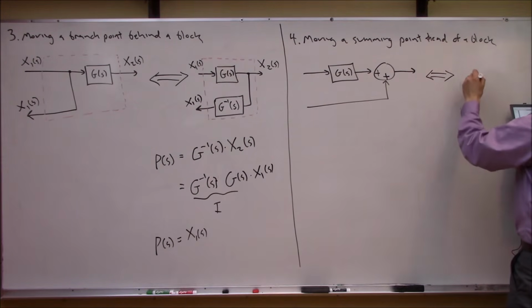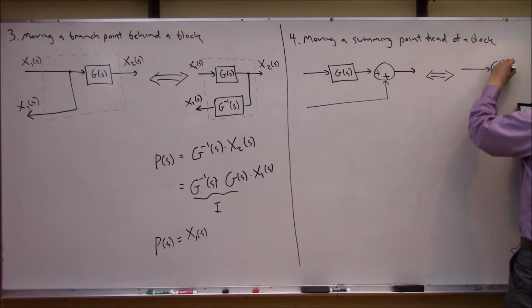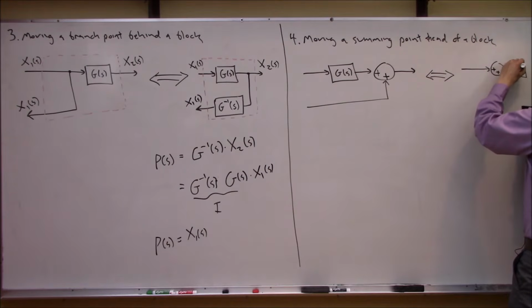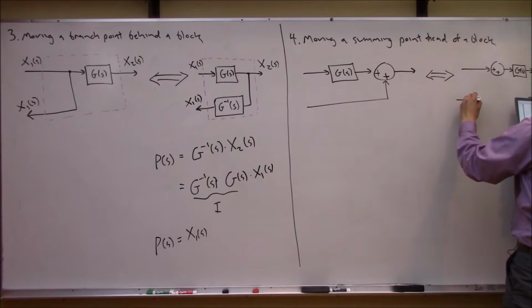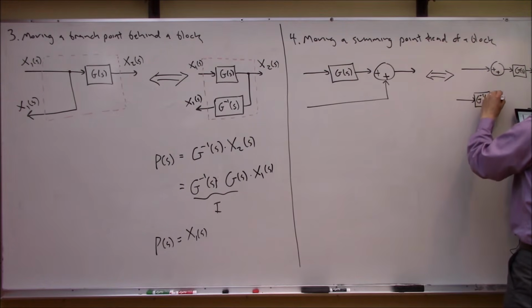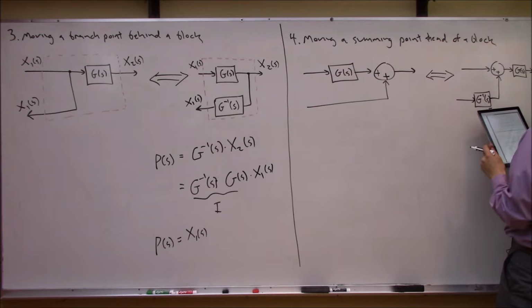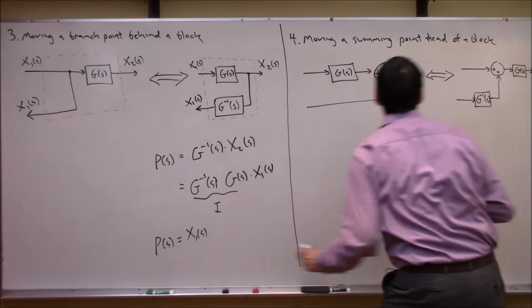And you're going to see that this is going to have to look something like this: plus, plus, g of s, and then g inverse of s. Let me write this clearly. There. So we claim that these two are the same.